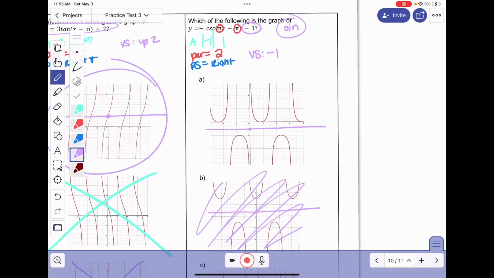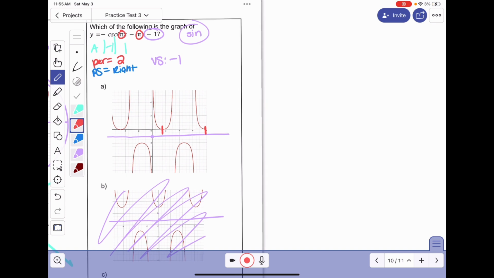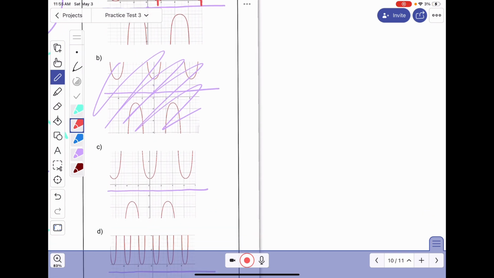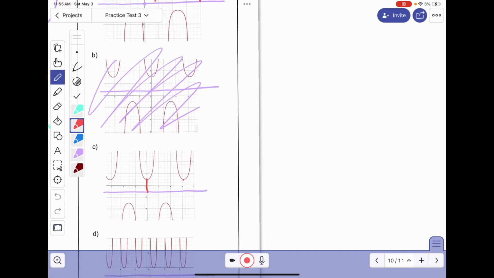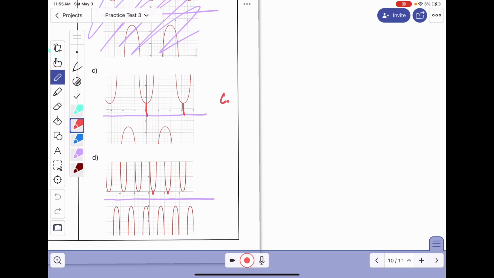Now let's look at our period. How far is it from bump to bump? So this one goes from just before 2 to 8, so it's 6 point something. This one goes from 0 to 6 point something. And this one goes from 0.5 to 2.5.